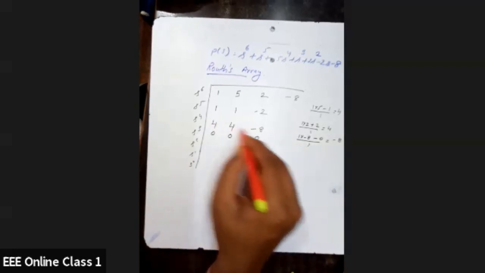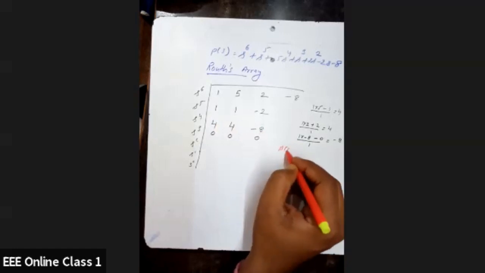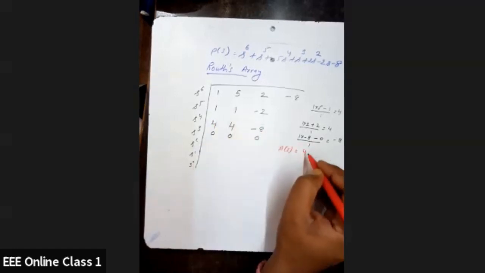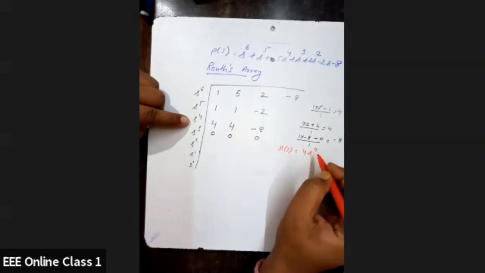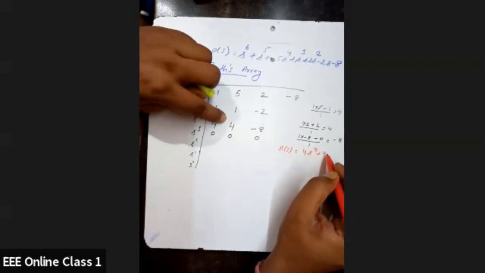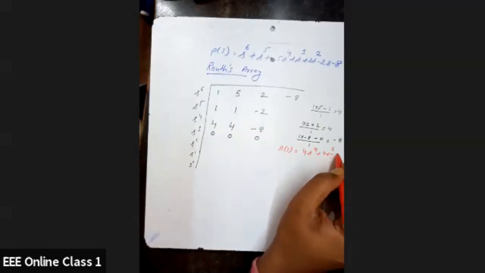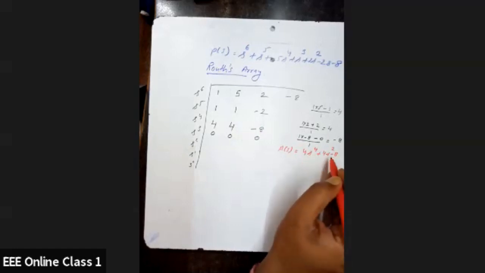Let us take the auxiliary equation. So our auxiliary equation is 4S4 plus 4S square minus 8. This is our auxiliary equation.